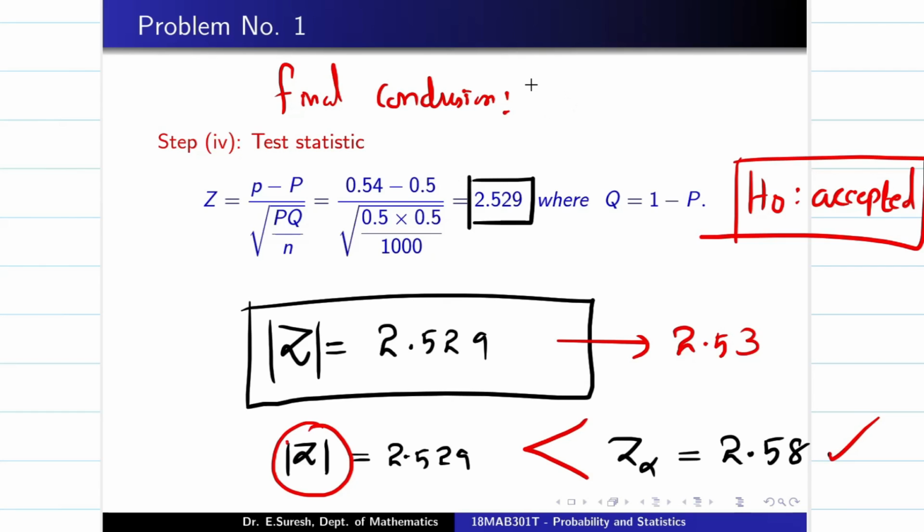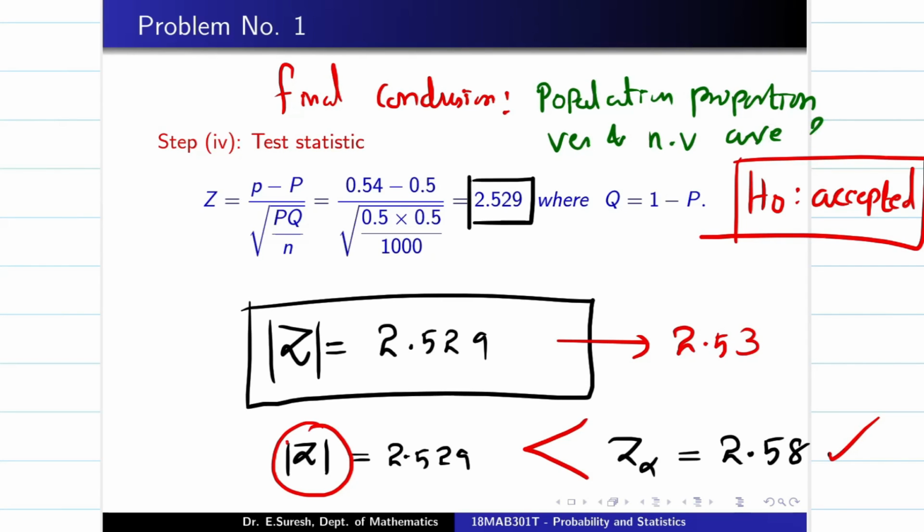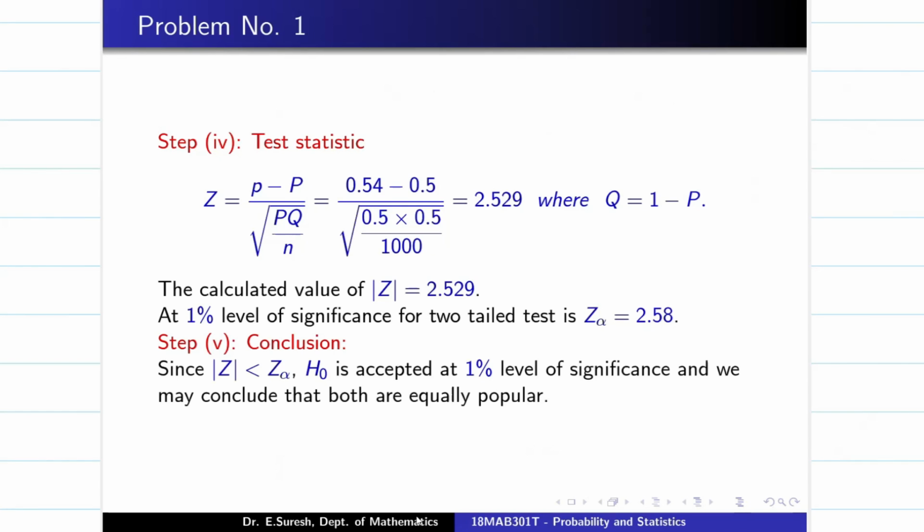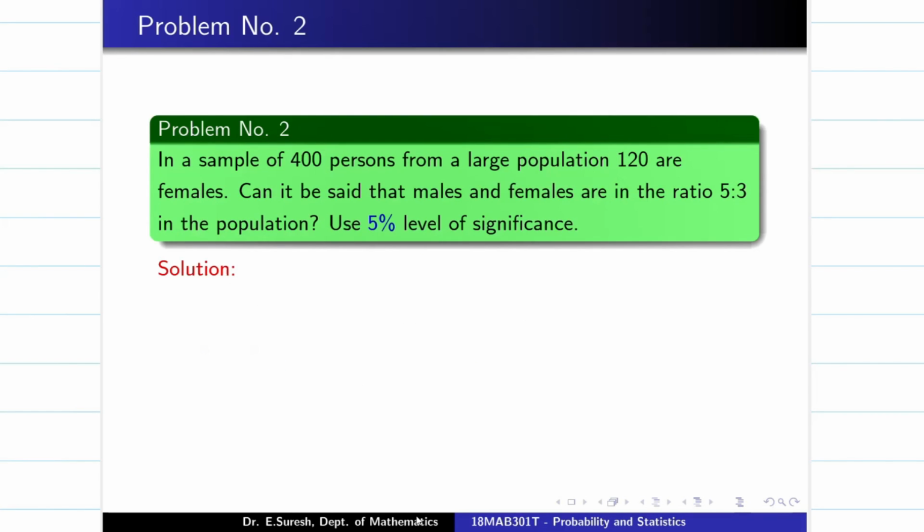From the hypothesis, I say the population proportions of vegetarian eating and non-vegetarian eating are the same. The habits of vegetarian eating and non-vegetarian eating are the same. That's what we are going to say. Hope you understand, students. So this is what we are doing. Done, guys. If you understand this, problem over.